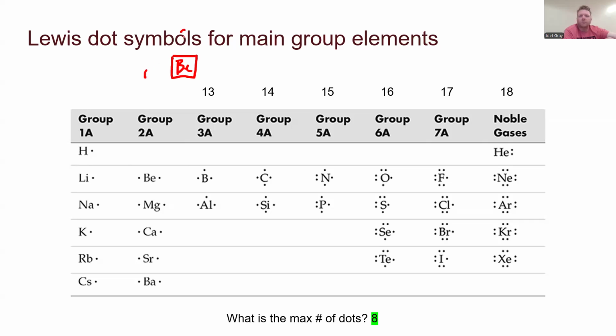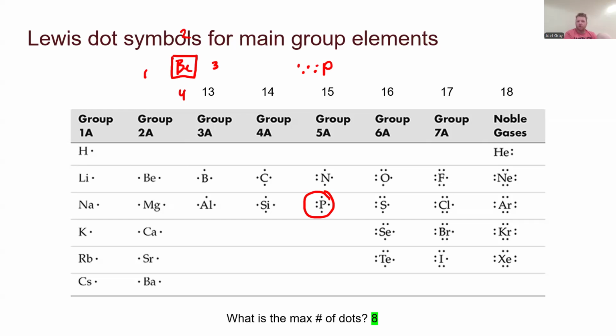And on those 4 sides, 1, 2, 3, 4, you're going to place electrons. So what would be an incorrect symbol would be something like this, phosphorus, 1, 2, 3, 4, 5. That would be incorrect. I don't want to see that. What differs between their phosphorus symbol right here and mine is the placement of that 5th electron. That's the sort of thing that I'm not going to lose any sleep over.